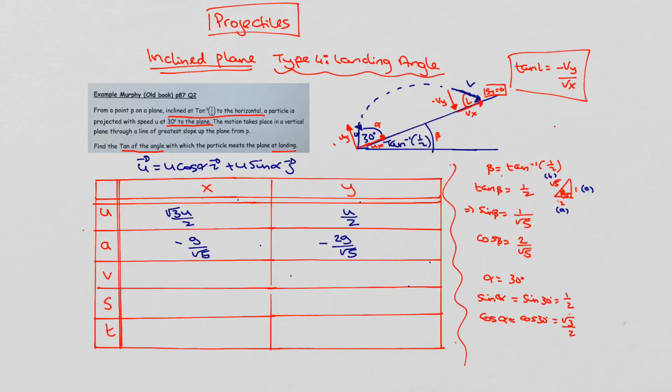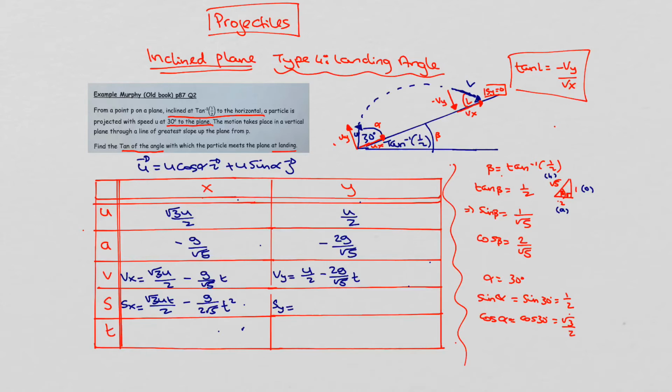So therefore we know that V is equal to U plus AT. In the X direction that's root 3U over 2 minus G over root 5 T, and in the Y direction, that's U over 2 minus 2G over root 5 T. S in the X direction, well, S is UT plus a half AT squared, so that's root 3 UT over 2 minus G over 2 root 5, and remember it's T squared.